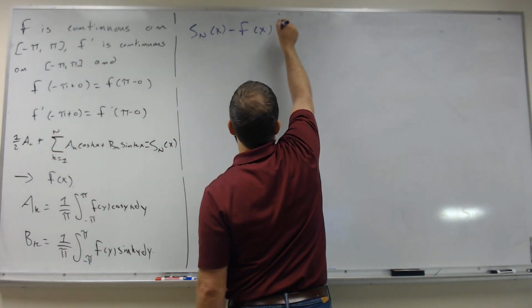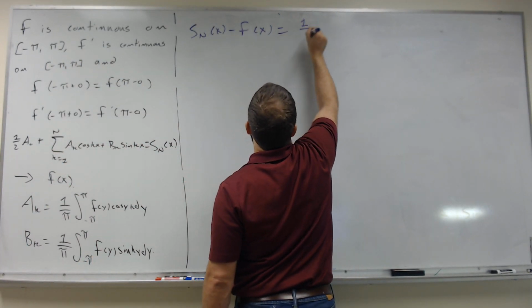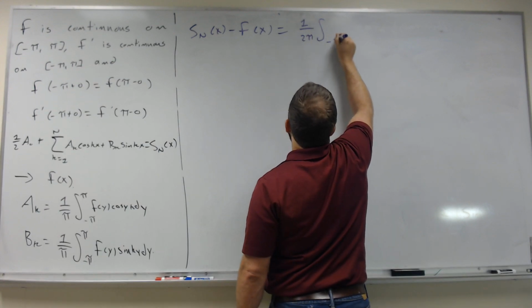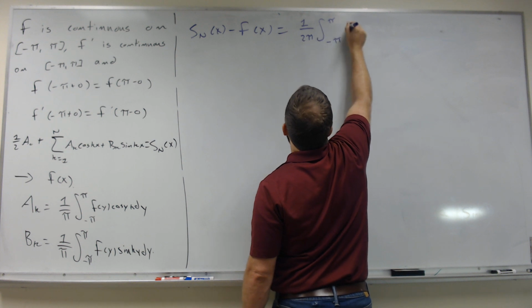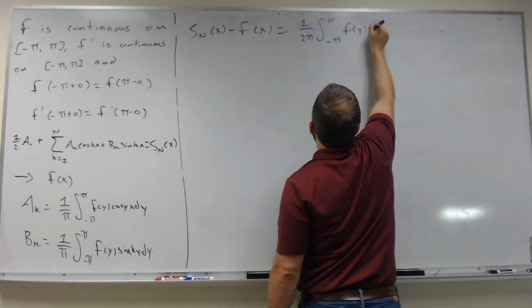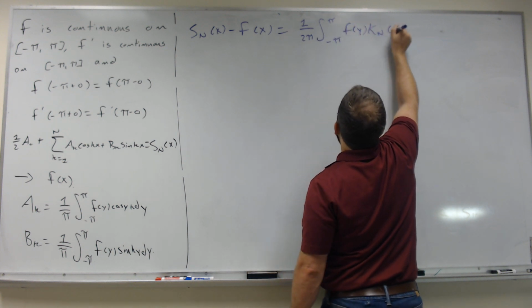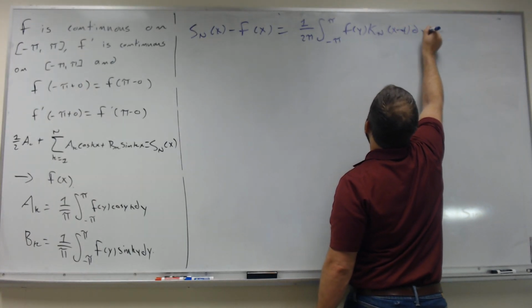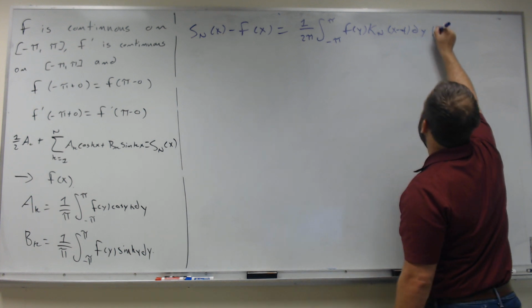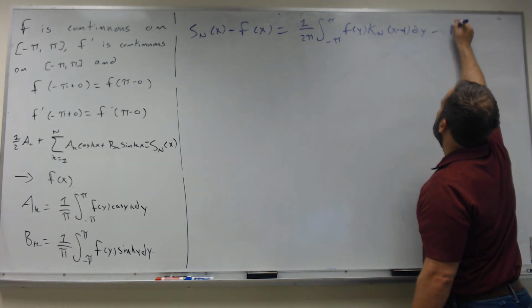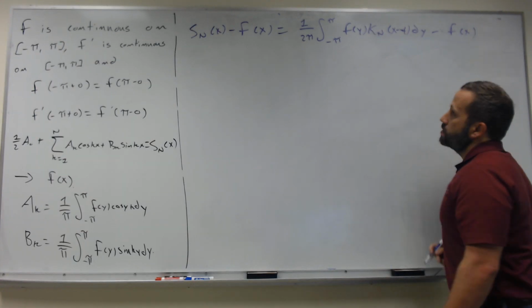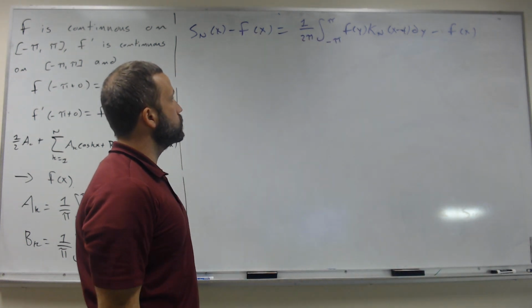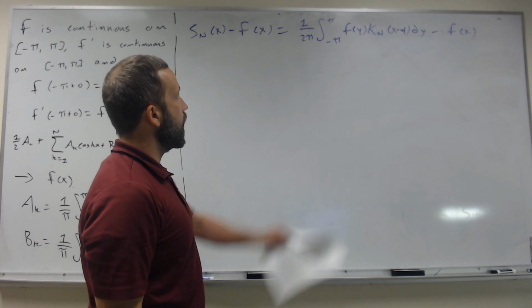Sn of x, we already saw, is equal to 1 over 2 pi times the integral from minus pi to pi of f of y Kn of x minus y dy, and then minus f of x.